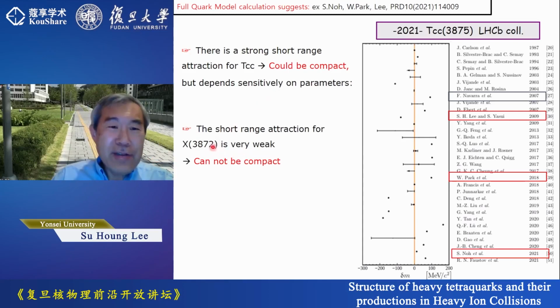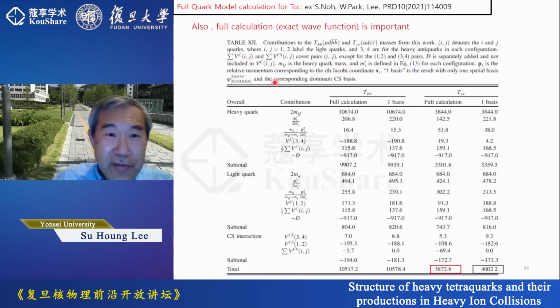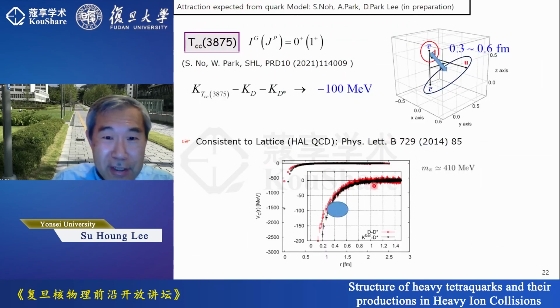So therefore, if this cannot be compact, and this could be compact or cannot be compact, why do we measure this? And if this is not compact, what are the two possibilities? And for that, we go back to this lattice calculation, which shows the relative distance between D and D star, which comprises this quantum number and the meson content.